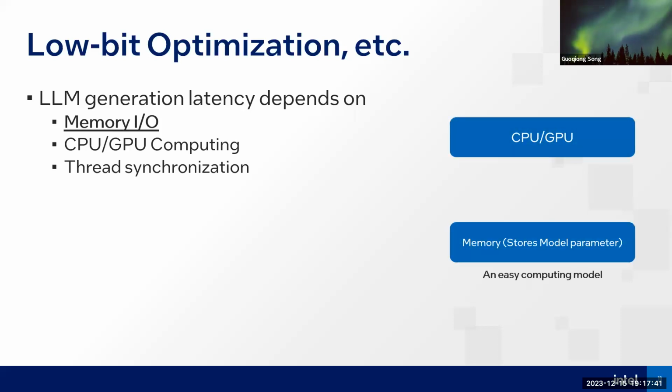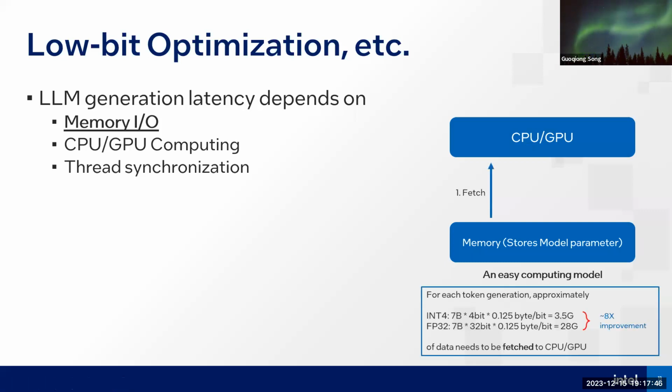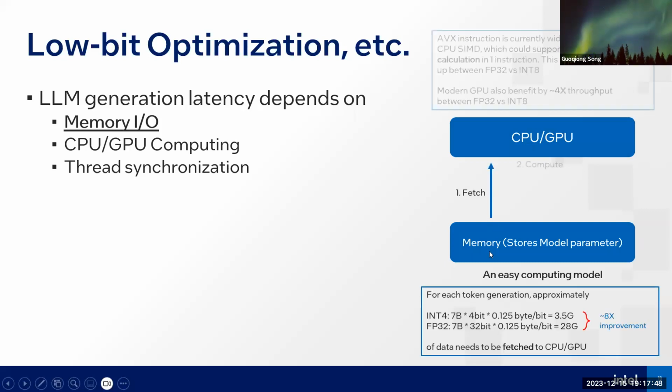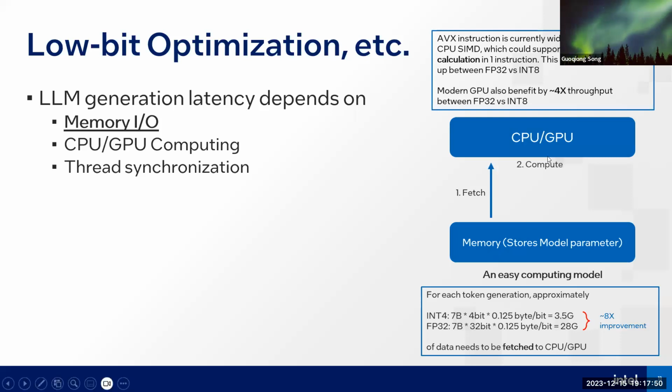This is one example. Here's your chip, the CPU. You fetch the data from the memory, then you do the computation in the chip, and then put the data back to the memory. In this whole process, let's use a CPU example. Currently, we use the AVX instruction, which is pretty widely used for CPU. It can support, for example, 512 bits of calculation in one instruction.